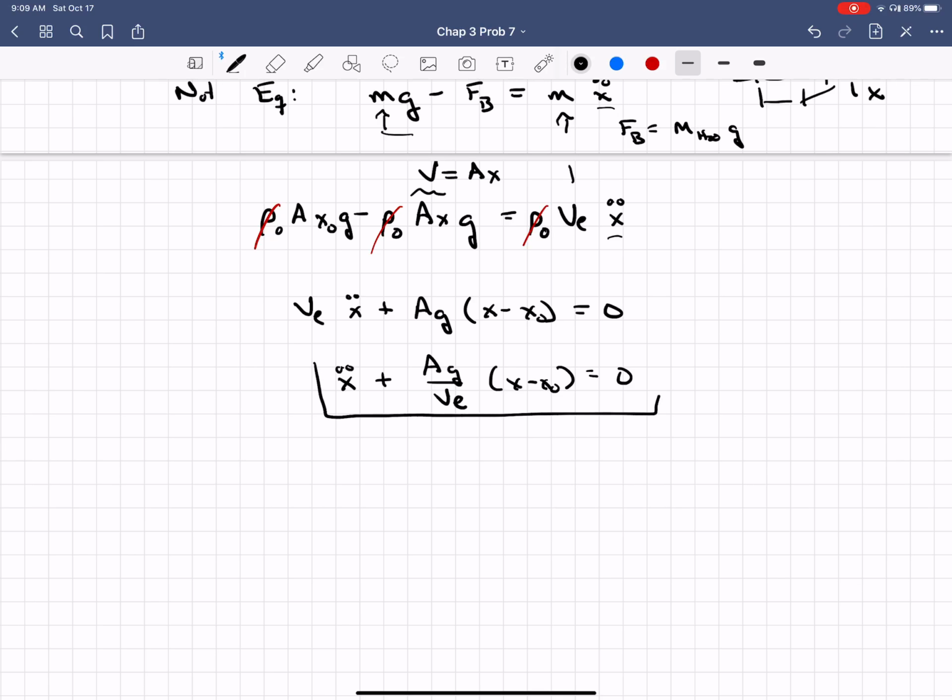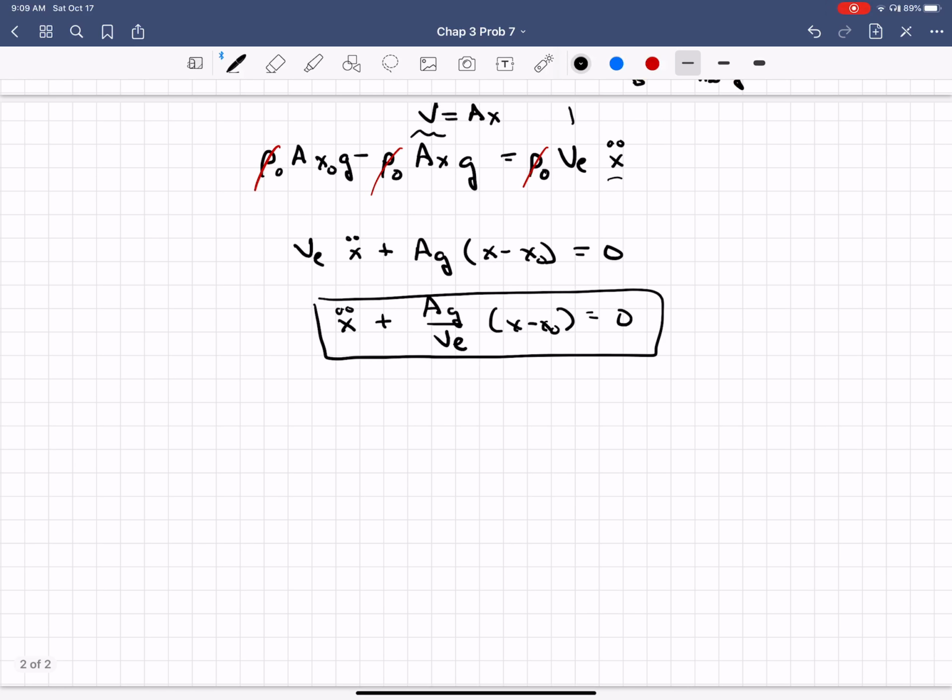That's essentially a simple harmonic oscillator equation. To make it look exactly like one, I can introduce y to be x minus x0. Since x0 is just a constant, y double dot is equal to x double dot. With those substitutions, my equation becomes y double dot plus A g over the volume that is submerged in equilibrium times y is equal to 0.